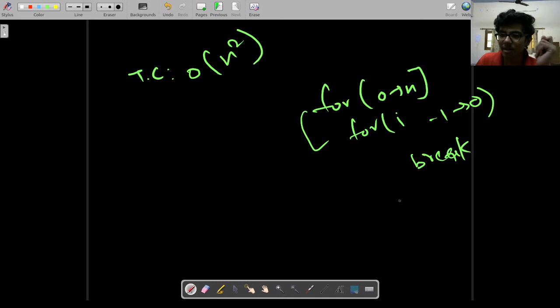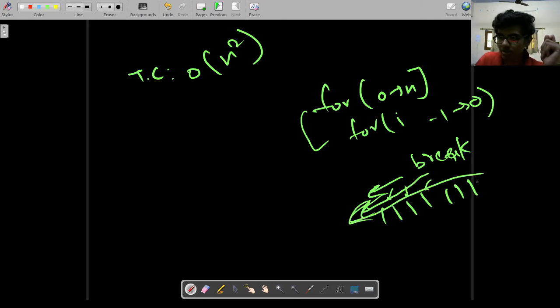The break will not work when the arrays are equal. For this I will be checking over here. For this I am checking in both of these. For this I am checking in all of these. So for the final value I am checking in all the array. So the time complexity is going to be n square.